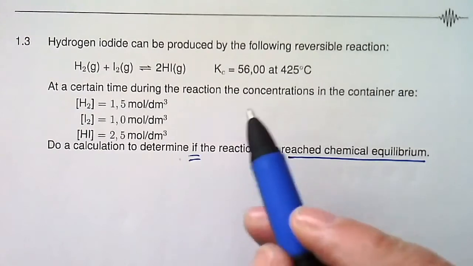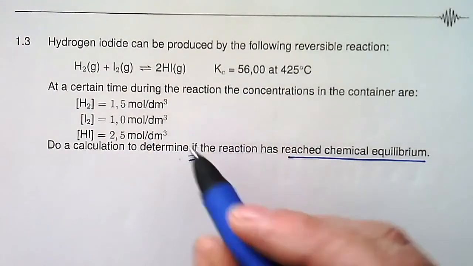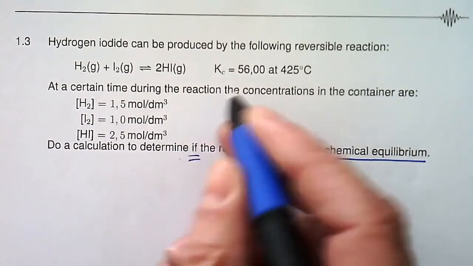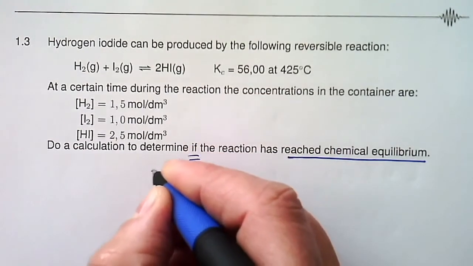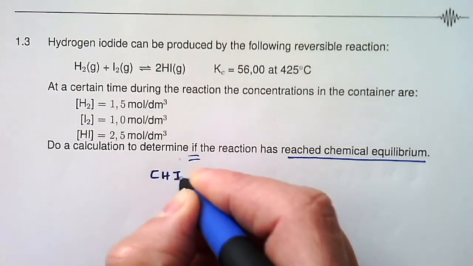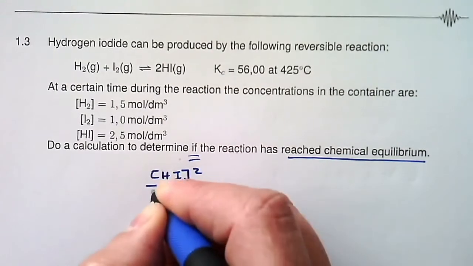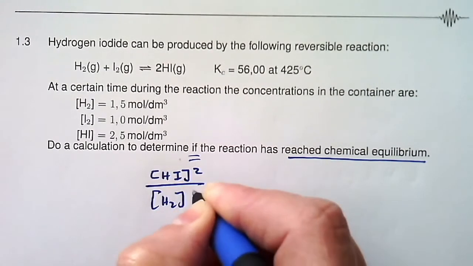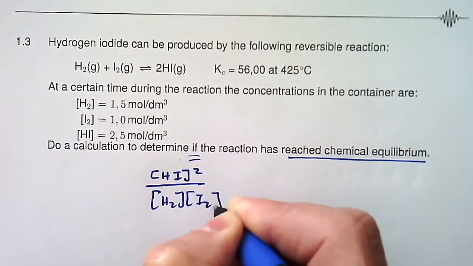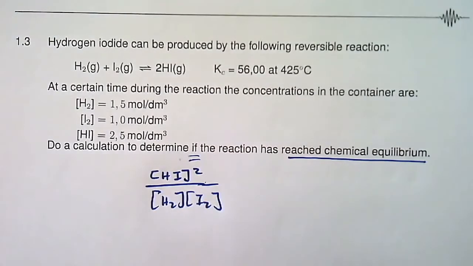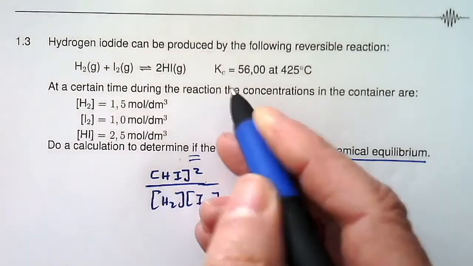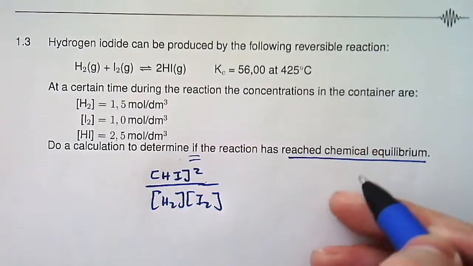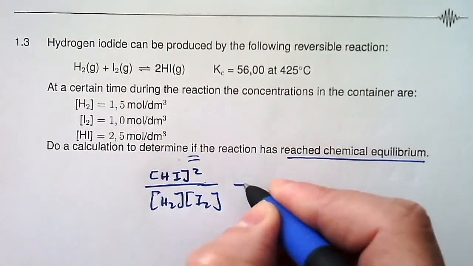Now, what do I know? When we have reached equilibrium, my Kc value, 56, will be equal to HI squared over H2 times I2. That is my equilibrium constant expression. And if that is equal to 56, then I am at equilibrium. So let's check.